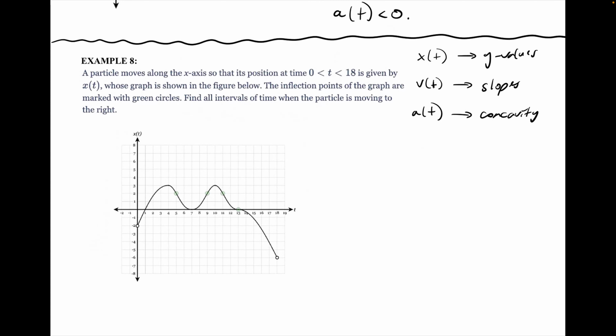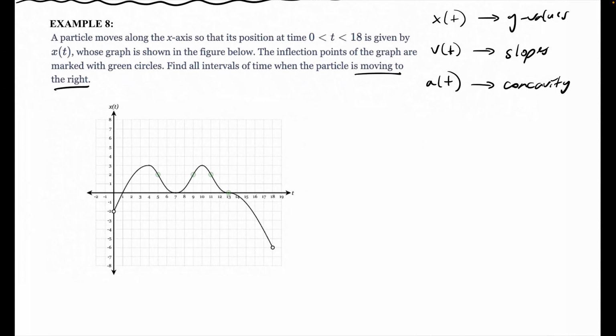Okay, find the intervals when the particle is moving to the right. Moving to the right. What does that mean? Velocity changes signs to positive. Yeah, when velocity changes to positive, good.